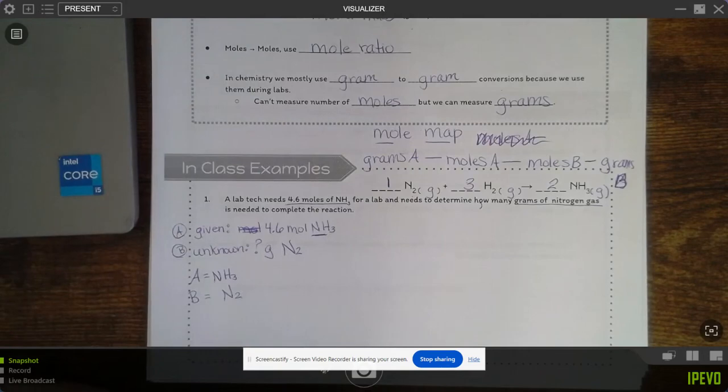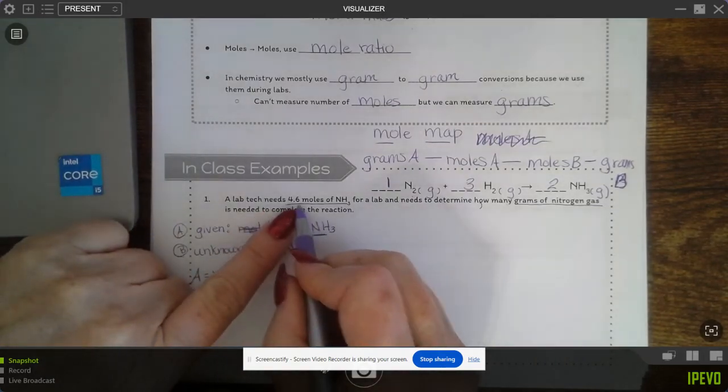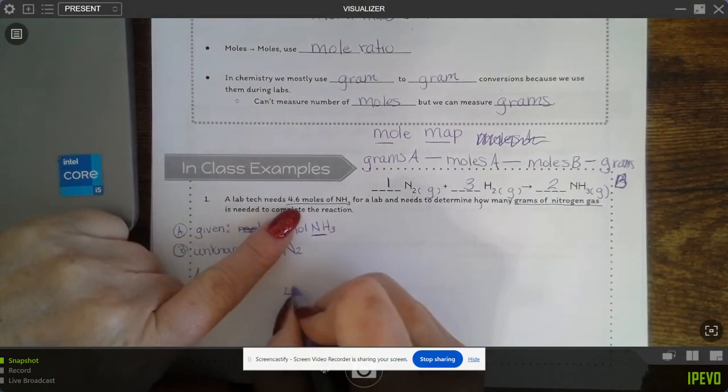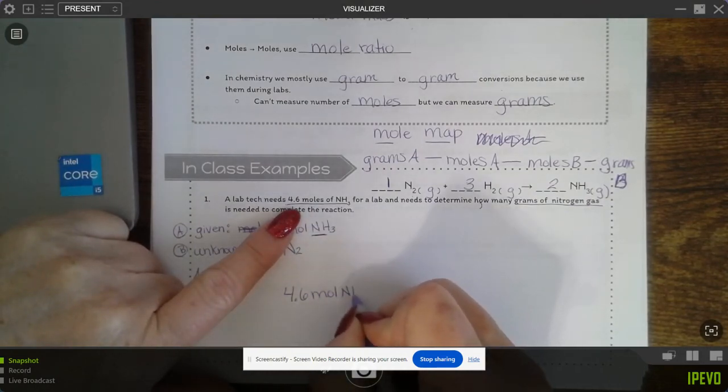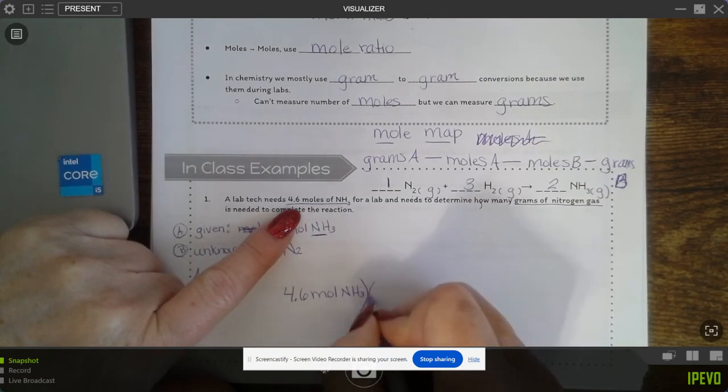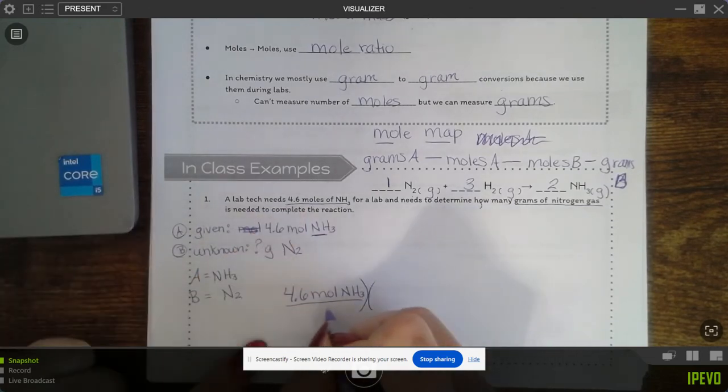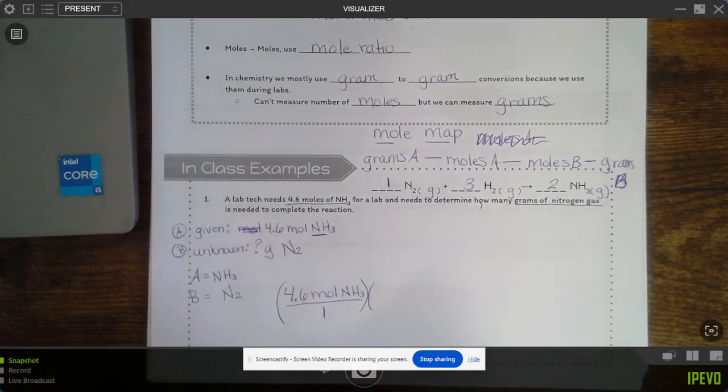So we're going to start by setting up our problem. 4.6 moles of NH3, just like we've always done in the past. We're always going to start with that number over 1.